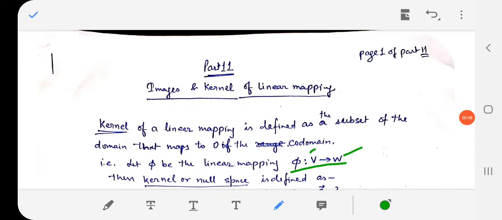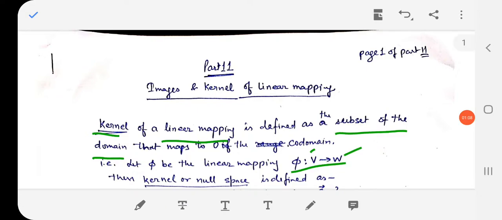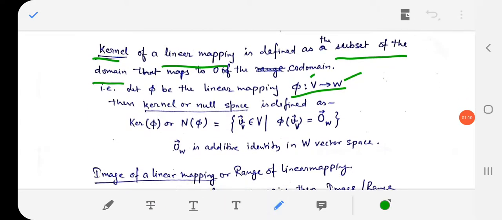Now the kernel of a linear mapping is a subset of the domain, that is the input space, which maps to the zero vector. These are the elements of the input space that are mapped to the additive identity of the output space, and that is called the kernel.